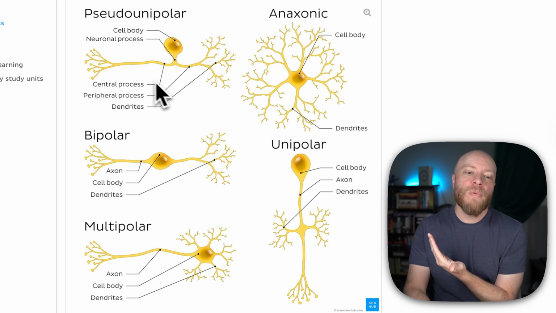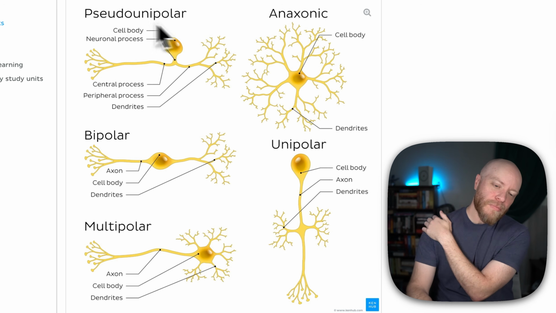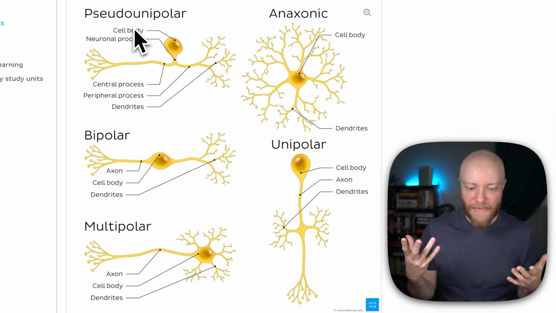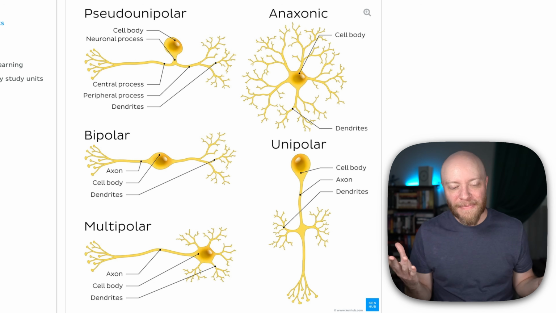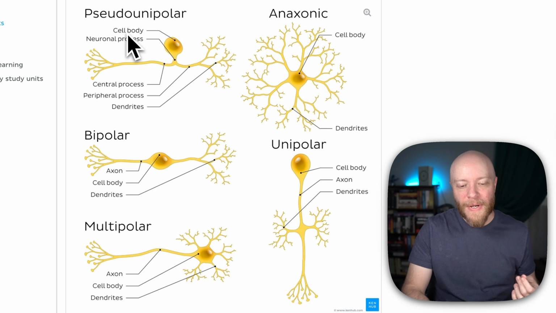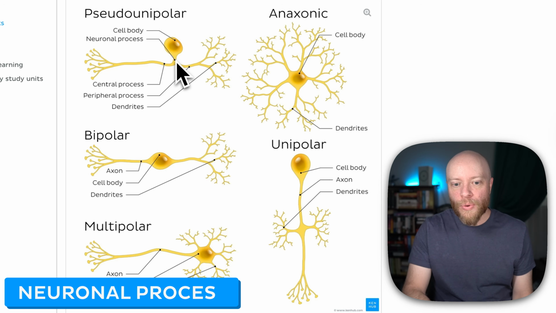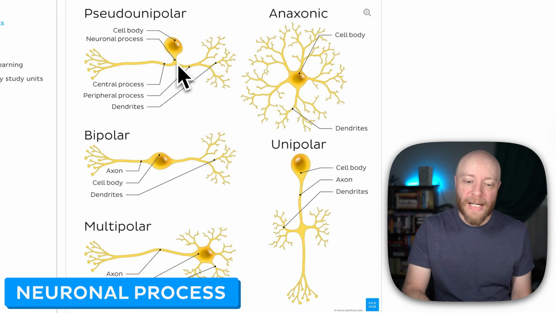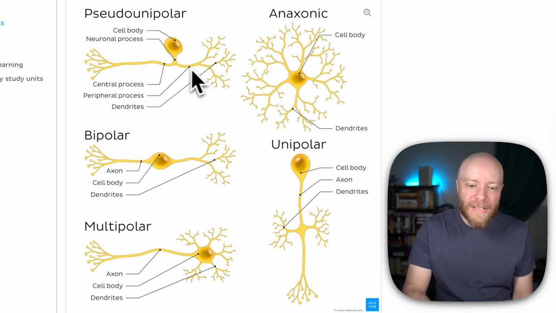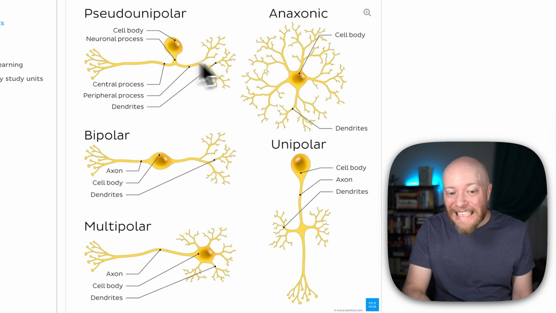And so then we come over to pseudo-unipolar. So pseudo, I said earlier, this is a faker. What makes this a faker? It's because pseudo means false. Well, as you can see right here, we have it labeled as a neuronal process. So basically we have our cell body, you have this neuronal process, and then it bifurcates. This is technically one giant axon.